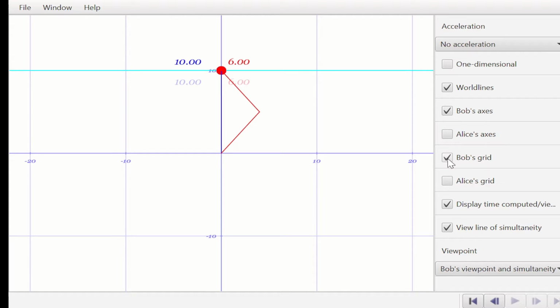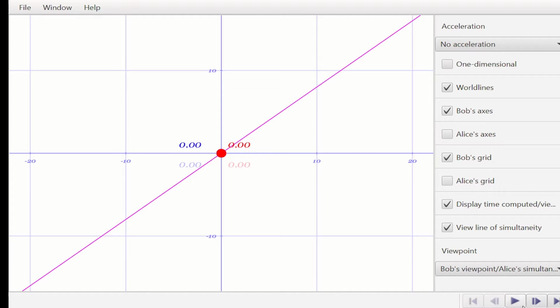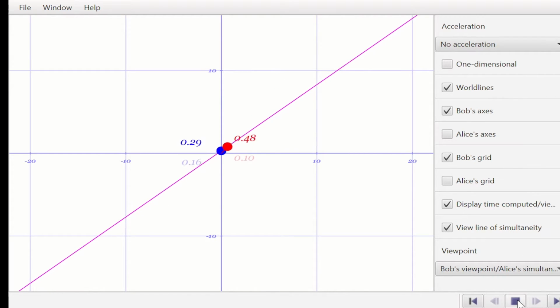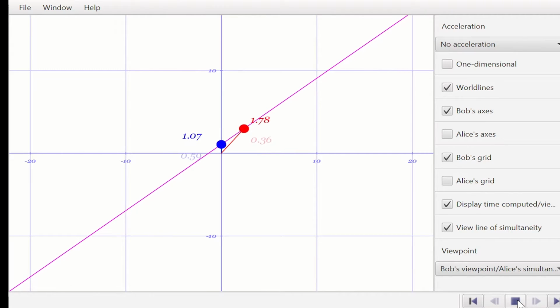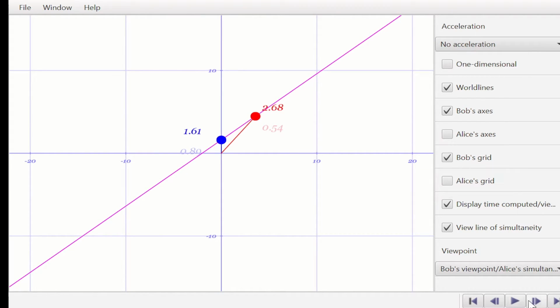Okay, now let's look at it from Alice's point of view by using Alice's line of simultaneity. Let's back up. Alice's line of simultaneity is different than his. It's angled relative to her x-axis. So let's move this animation forward a bit, and let's get it to the 3.